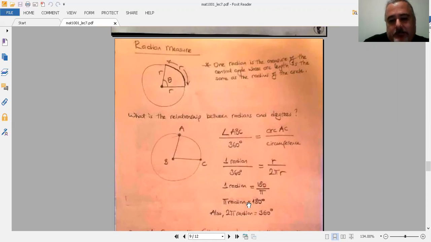So we can easily find that pi radian is equal to 180 degrees, so 2 pi radian is 360. This is a formula that we just developed from this small property.